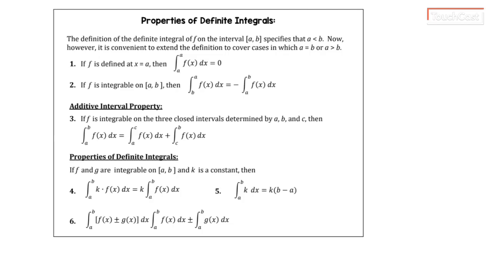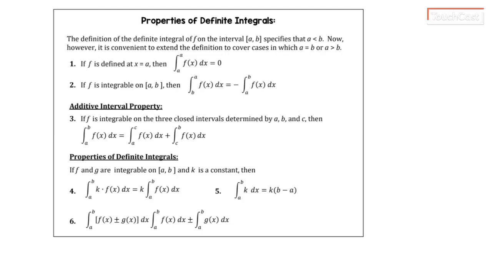Then we've also got more properties of definite integrals. If f and g are integrable on our interval and k is a constant, then the integral from a to b of a scalar multiple, k times the function, is just going to be k times the integral of the function. The integral from a to b of just k is going to be k times b minus a.